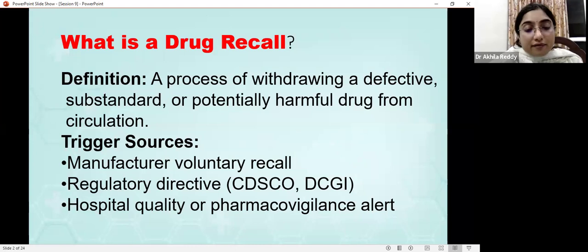And whenever the hospital reports all the ADRs to the PV center, which is a government center, after assessing the ADR, every side effect is not an ADR. Sometimes it may lead to a drug-drug interaction also. All drug-drug interactions are also not ADRs.